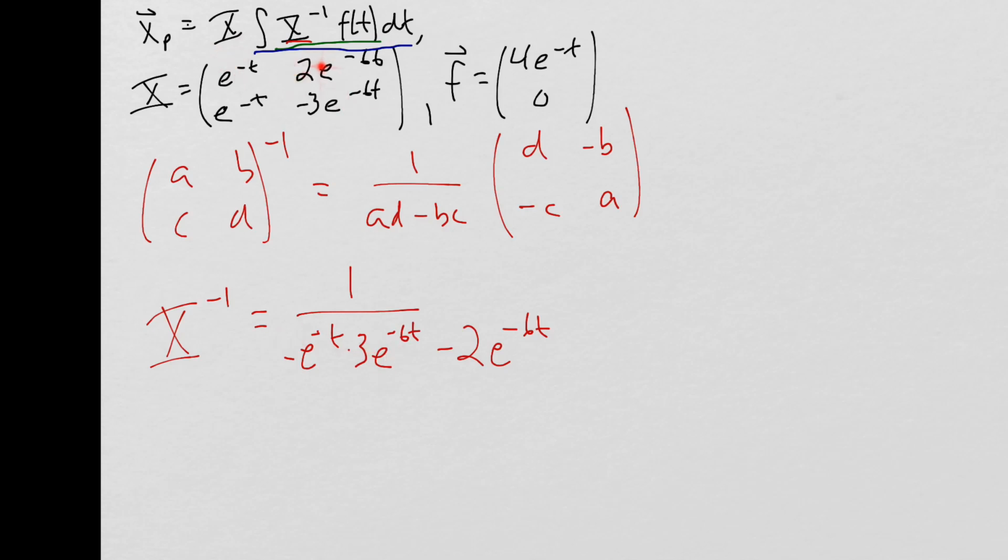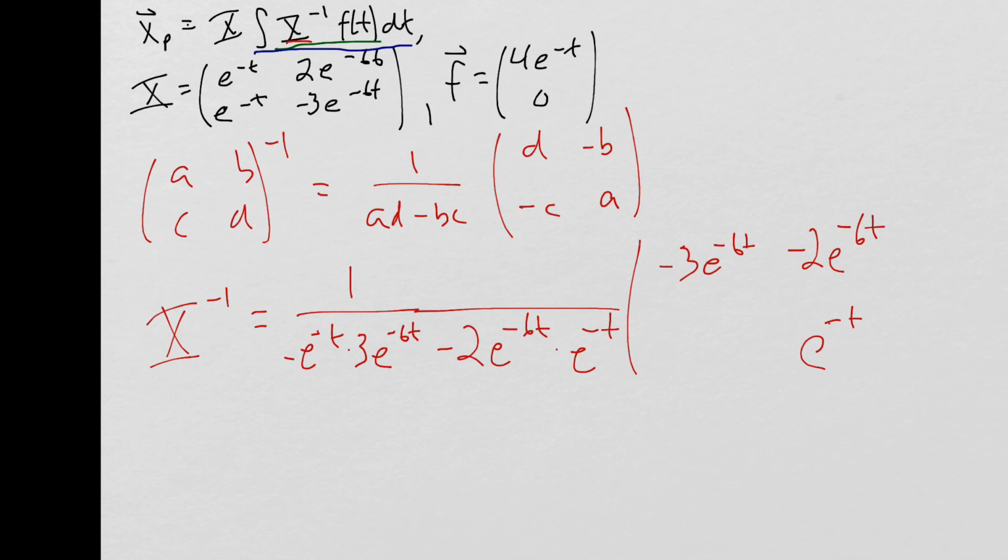Now I'm going to go this times that, but negative. So minus 2e to the negative 6t times e to the negative t. All right, switch the A and D. So I get negative 3e to the negative 6t, e to the negative t, and then negate the other two, negative 2e to the negative 6t, and negative e to the negative t.